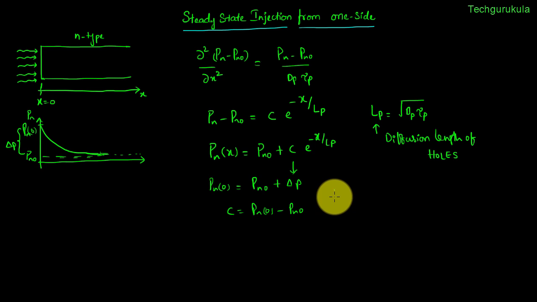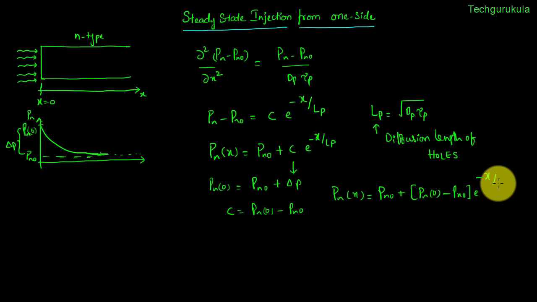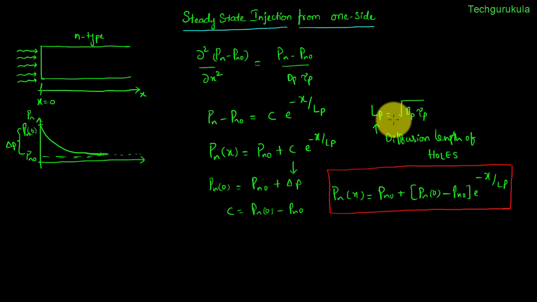Let me write the complete function: Pn of x is equal to Pn0 plus Pn of 0 minus Pn0 times e to the power minus x over Lp. I can say the diffusion length is the most important thing that we found from this discussion.